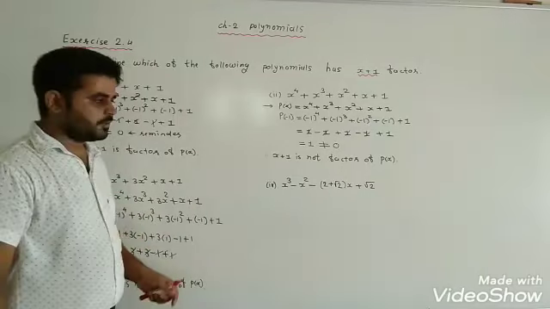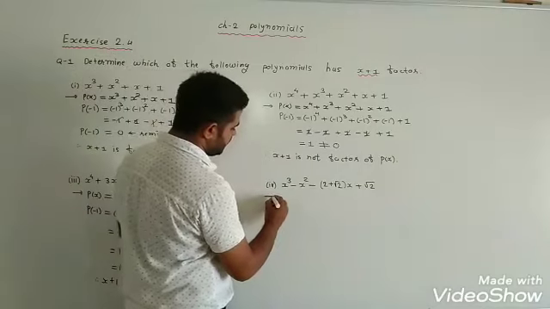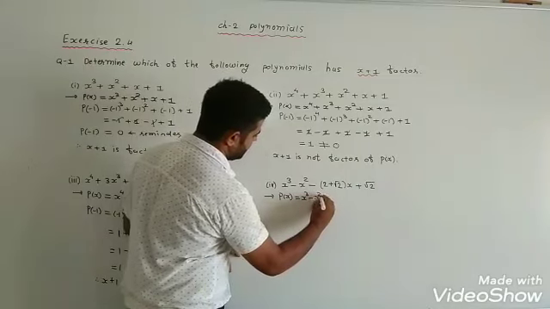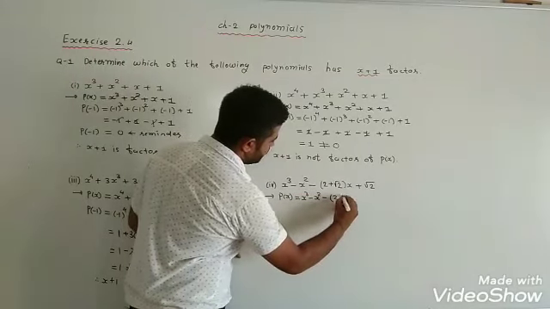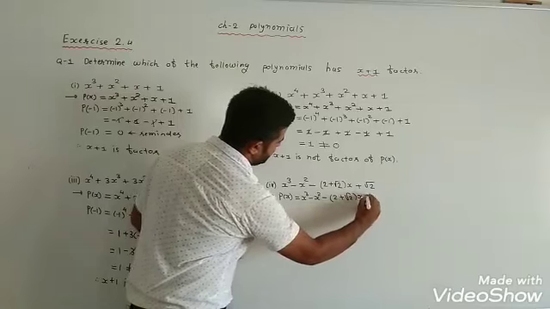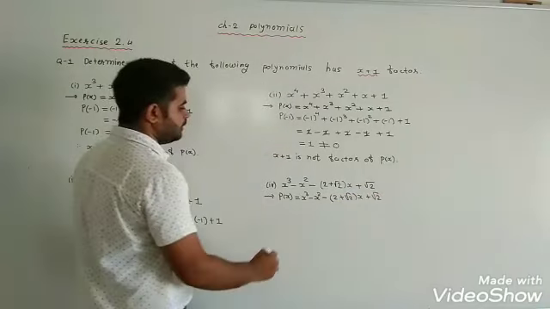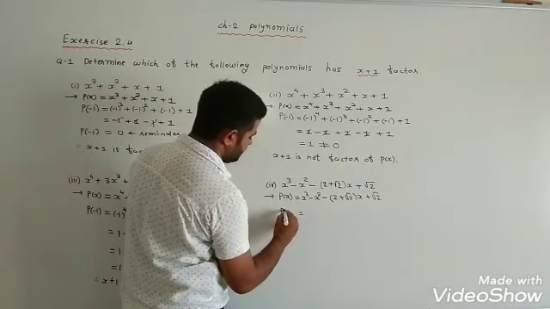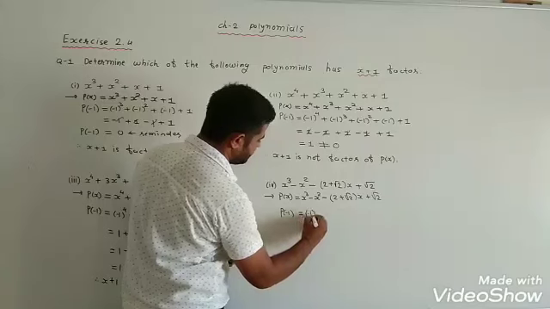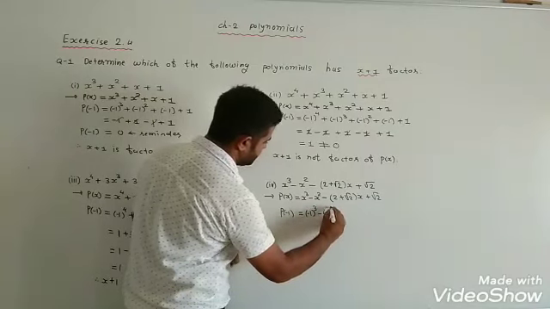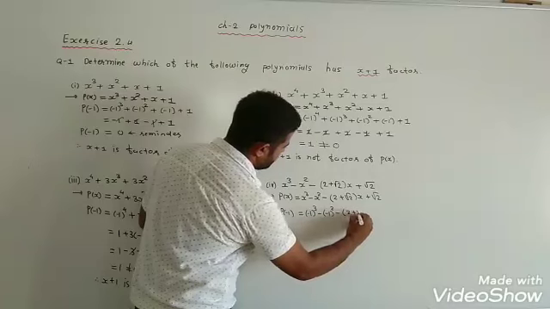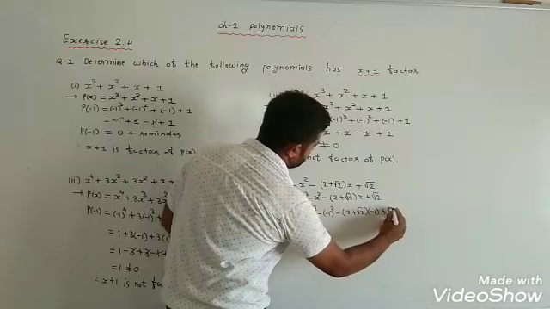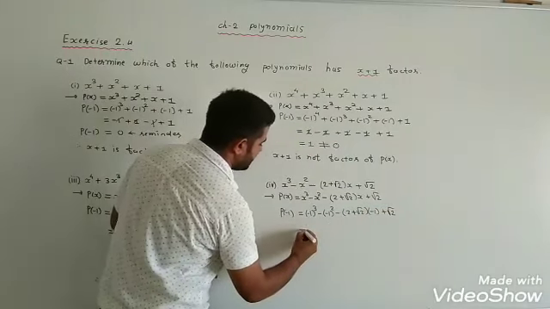Now question number 4. p of x is equal to x cube minus x square minus (2 plus root 2)x plus root 2. Now we have to write p of minus 1. So we have minus 1 cube minus minus 1 square minus (2 plus root 2) into (minus 1) plus root 2. Now give your attention carefully.